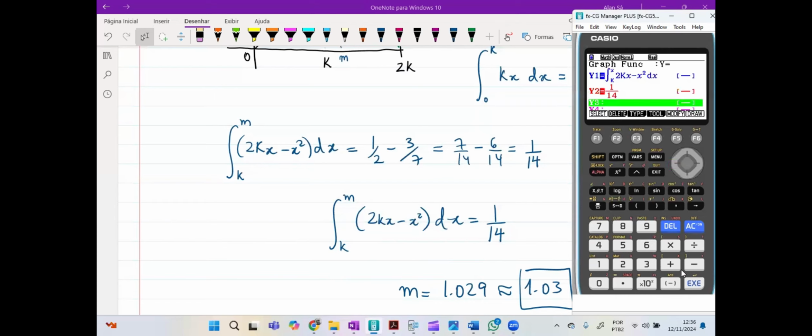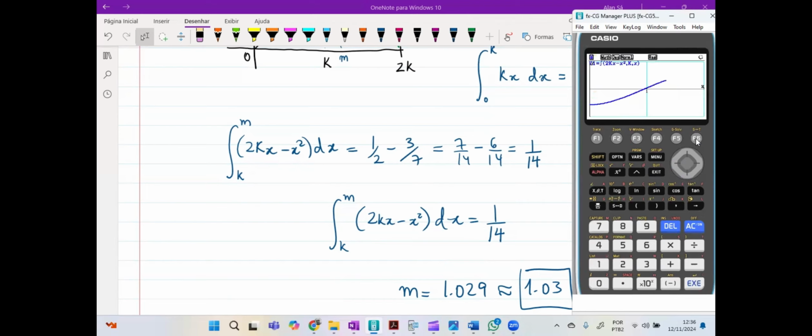And then we are going to graph this in a window that is appropriate for this. So if we go to window from 0 to 2, and in Y from, let's say, -1 to 1, let's see what we get.